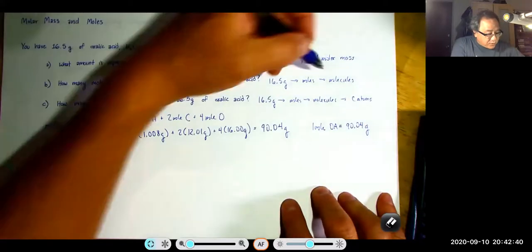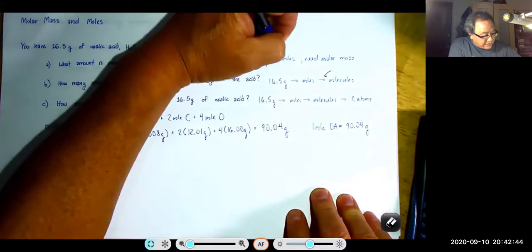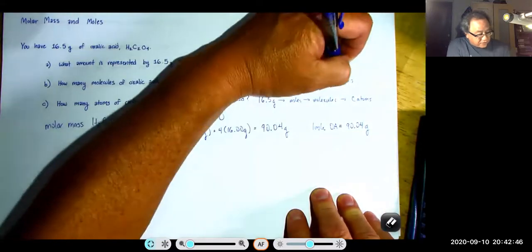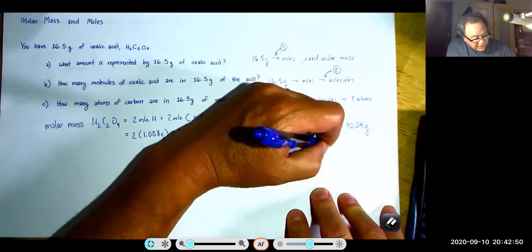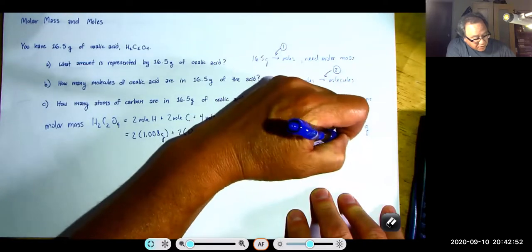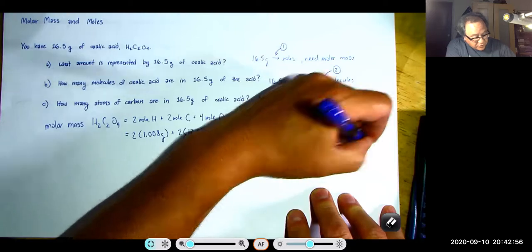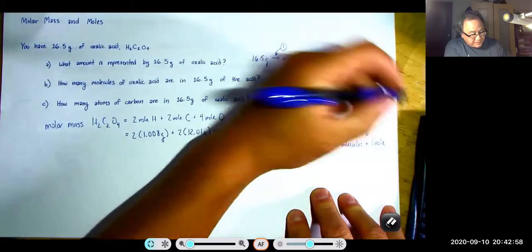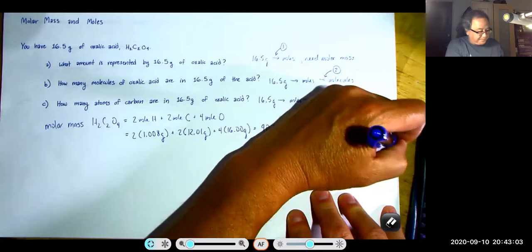For B, what do we need to know here? I'm going to call this 1, and I'm going to call this 2. For 2, we need to know that there are 6.022 times 10 to the 23rd molecules is equal to 1 mole. And we can even put oxalic acid and oxalic acid here.